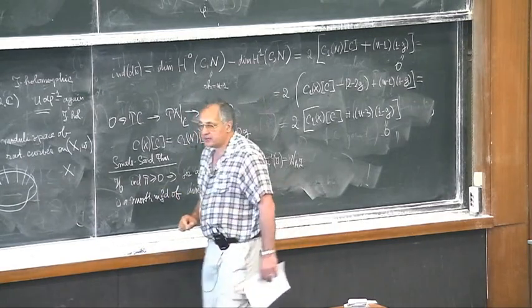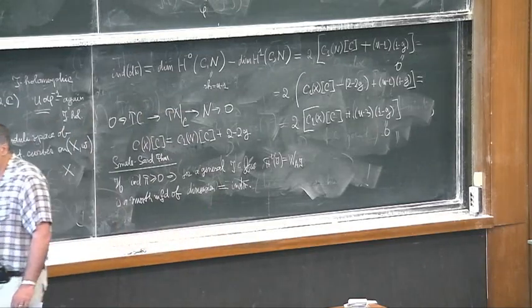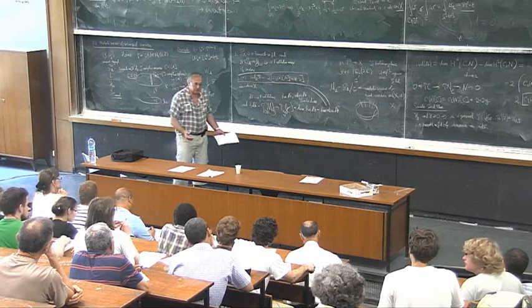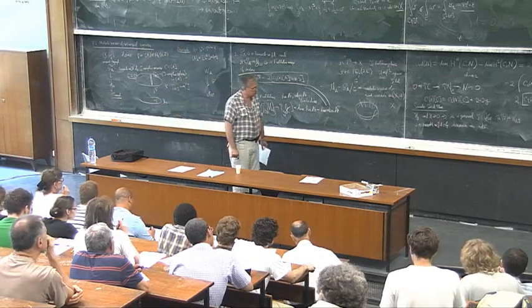In fact, one proves that in this case the differential is surjective. So the cokernel has zero dimension, and the index is equal to the dimension of the kernel, and this is a manifold, the space of solutions.